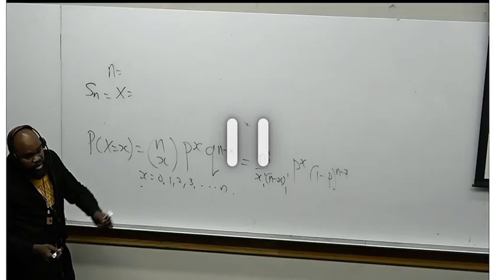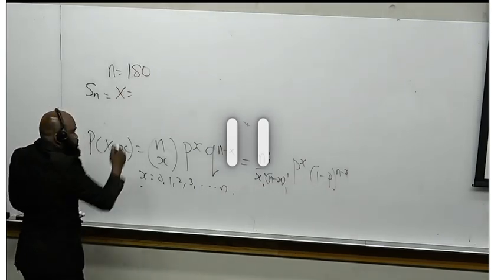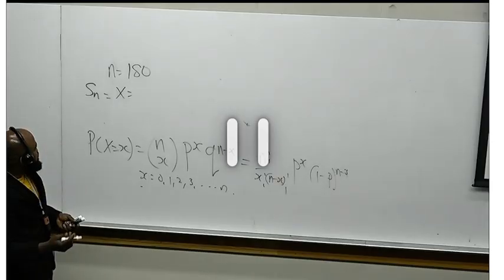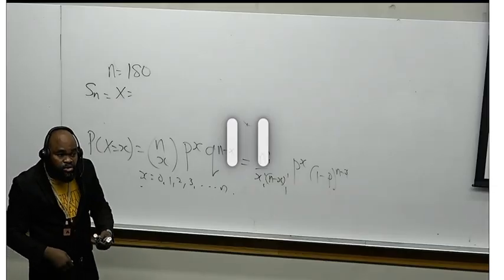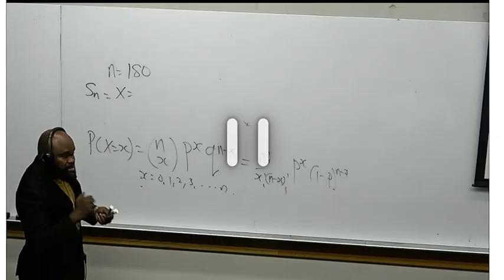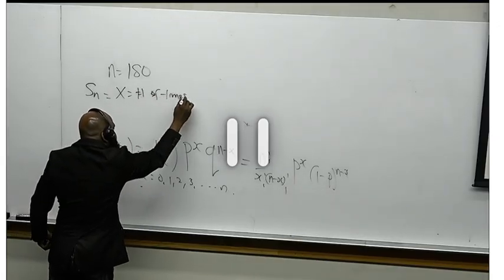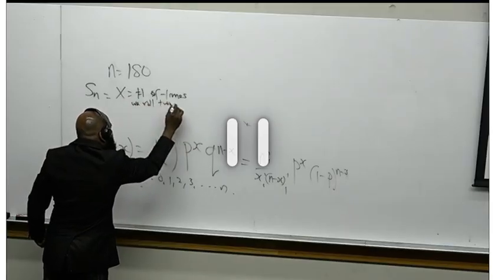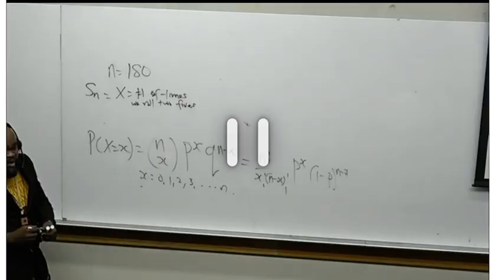Here, your n is 180, because we roll 180 times. And x is the number of times we roll 2 5s.